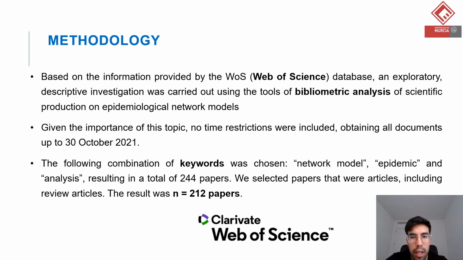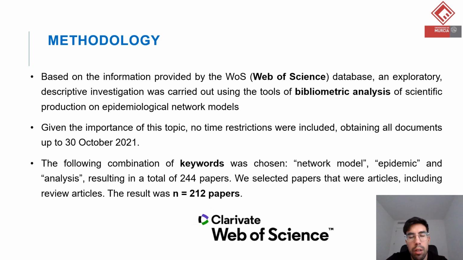research activity. Given the importance of this topic, no time restrictions were included, obtaining all documents up to 30 October 2021. Several searches were performed combining different keywords: model, network, epidemic, analysis, control, and network model.